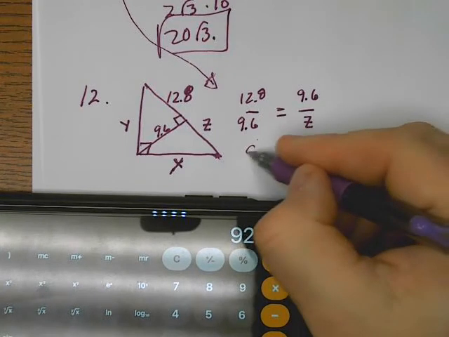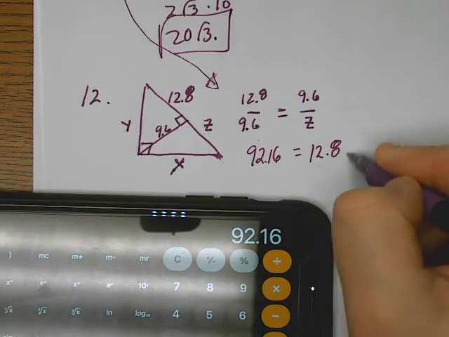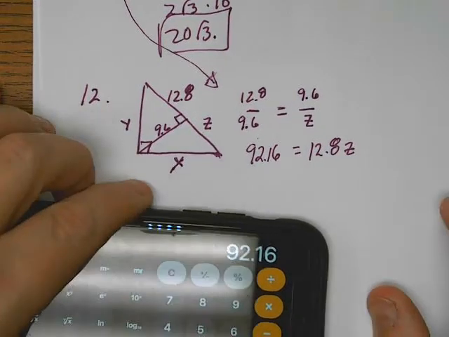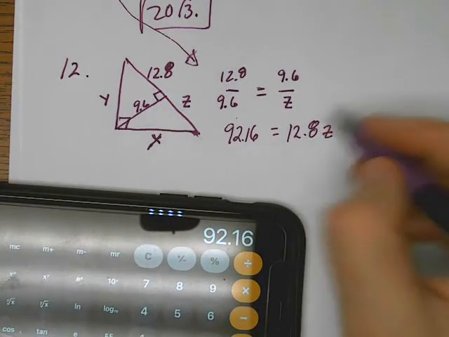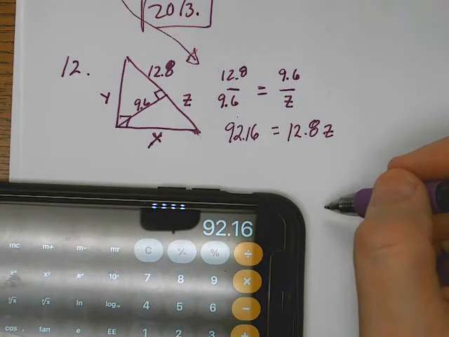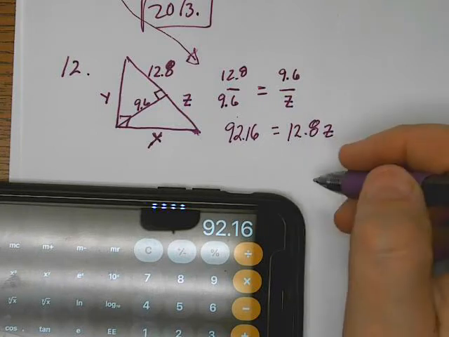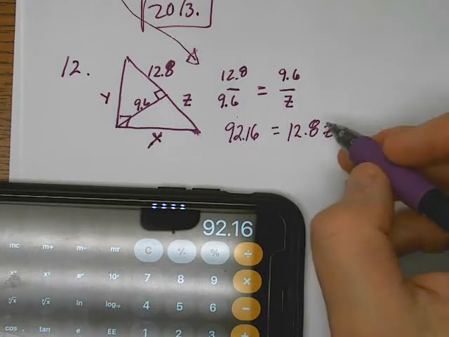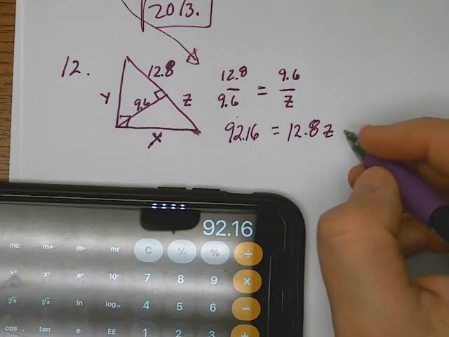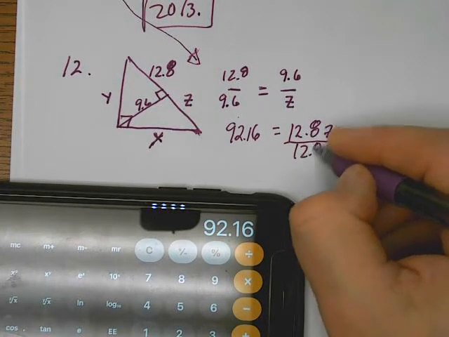And so you can just click that, and that gives us 92.16, is equal to 12.8 z. Maggie, how do I solve for z? Back to algebra 1. By what? The one that's beside the variable, we have to undo what they're doing.